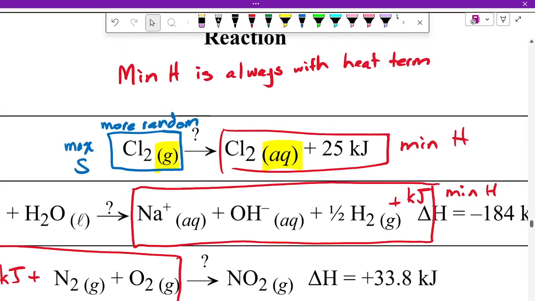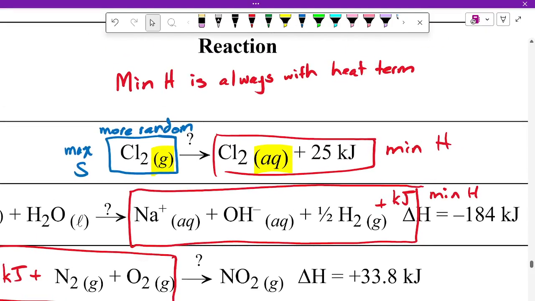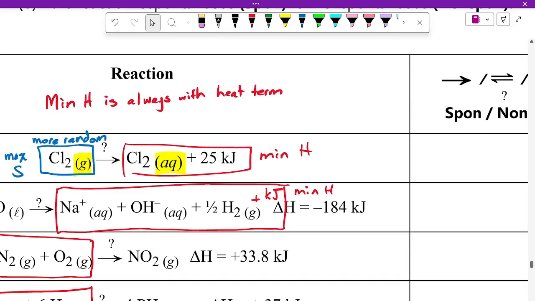What that means is that minimum enthalpy is saying go to the right. Maximum entropy is saying go to the left. And when you have one that says go to the right and one that says go to the left, that's going to be an equilibrium.